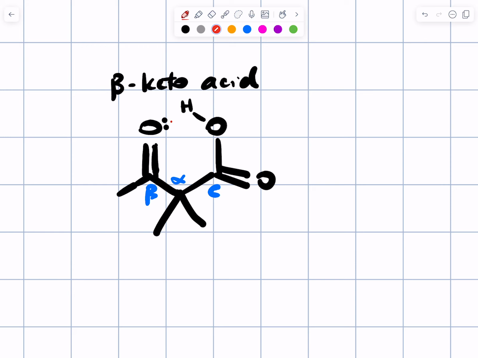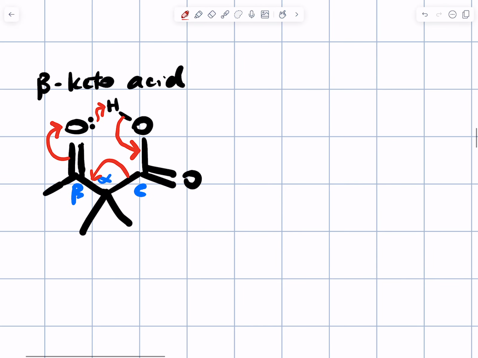So it's not such a stretch to think that it would pull off the proton entirely. Electrons can kick down to form a new carbon-oxygen pi bond. The electrons between the carbonyl carbon and the alpha carbon kick over to form a new pi bond between the alpha and the beta carbons, like this. And then the pi bond between the beta carbon and the carbonyl oxygen breaks.